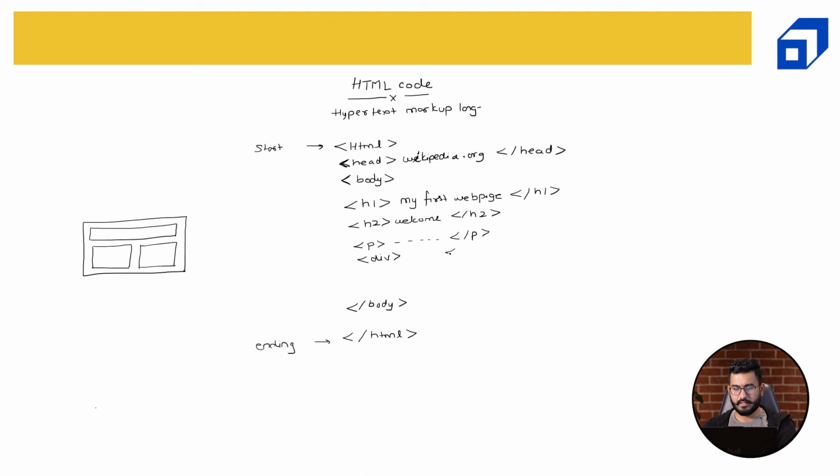So div and then /div. Then for table, we have a table tag. So /table. Similarly, for hyperlink, we have href tag, and you will find a variety of tags which are for a specific content that you want to put in the web page.